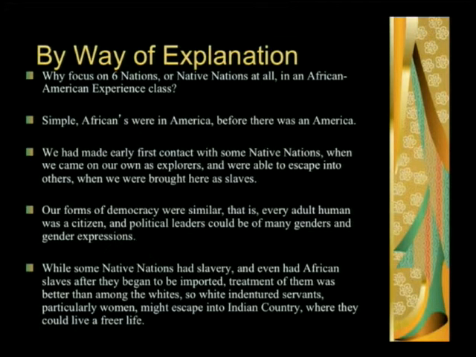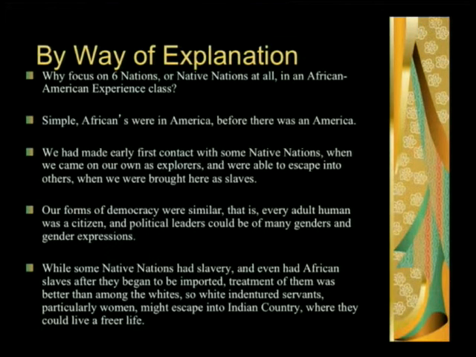So, while some native nations had slavery and even had African slaves after they began to be imported, treatment of those slaves was better in some ways, though there are naturally arguments to be made both ways than whites. So white indentured servants, particularly women, might escape into Indian country where they could live a freer life, which is one of the purposes of the wall on Wall Street, is to keep people out.